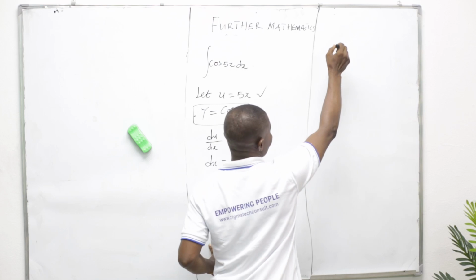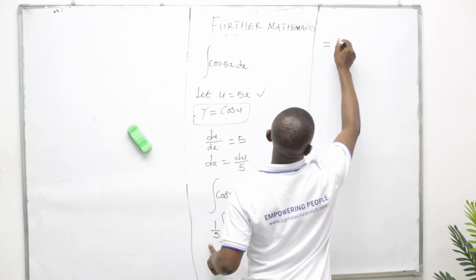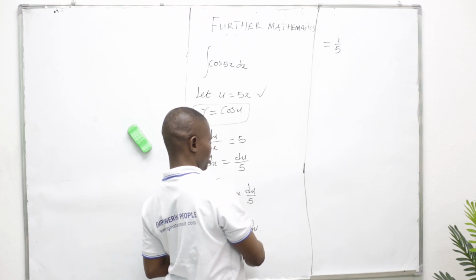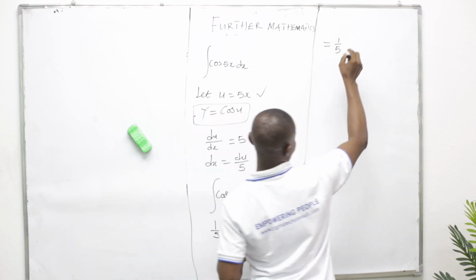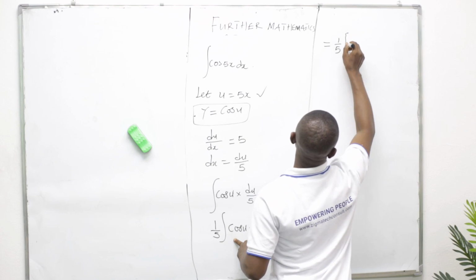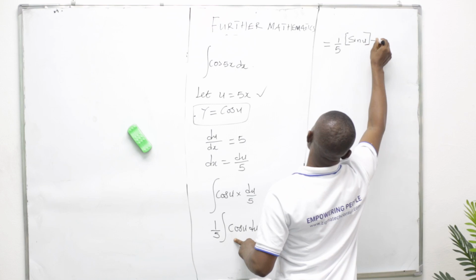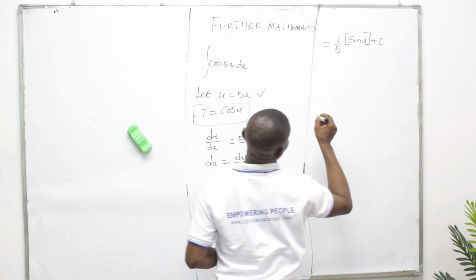This is going to give us 1 all over 5. If we integrate cos u, it will give us sin u. This is sin u plus constant.